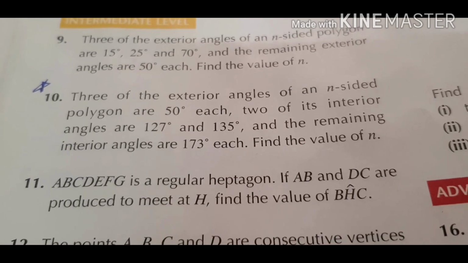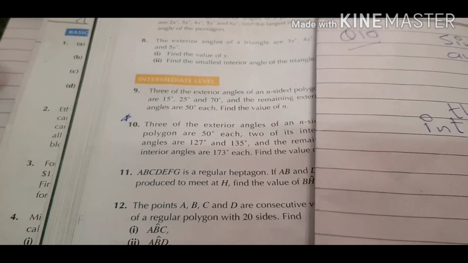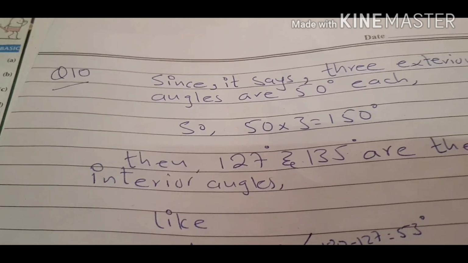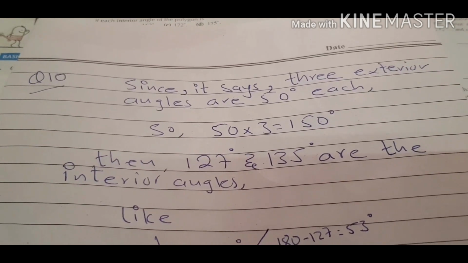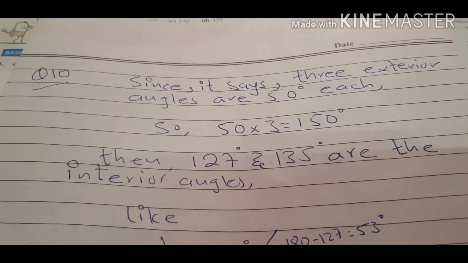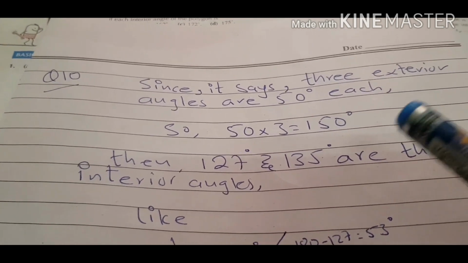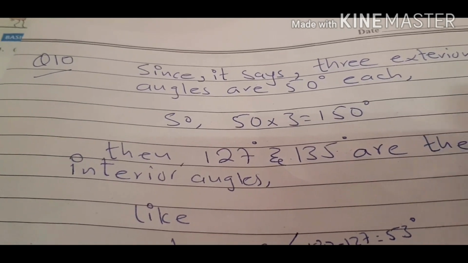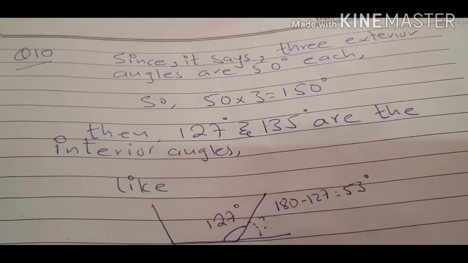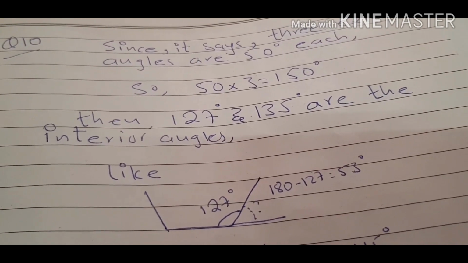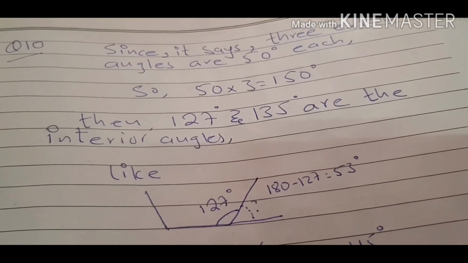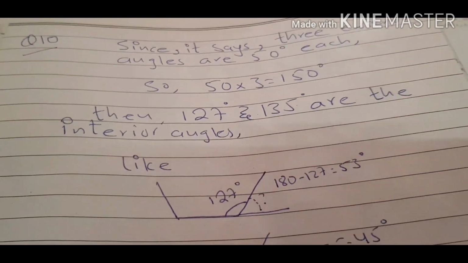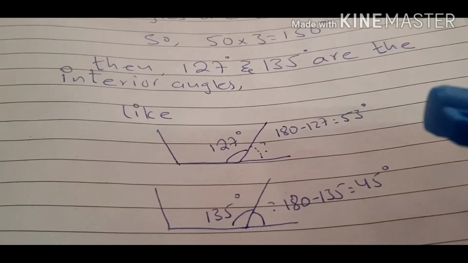So here we start with the solution. Since there are three exterior angles of 50 degrees each, 50 times 3 is 150 degrees as the exterior angle. Then 127 and 135 are the interior angles, but since we are working with exterior angles, we will take out the exterior angles for 127 and 135 degrees.